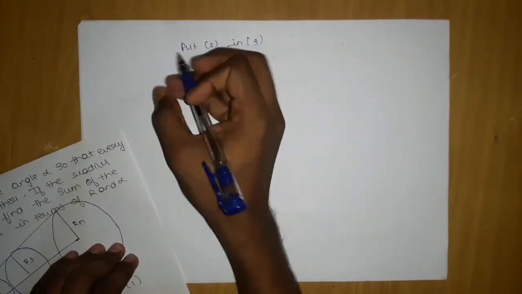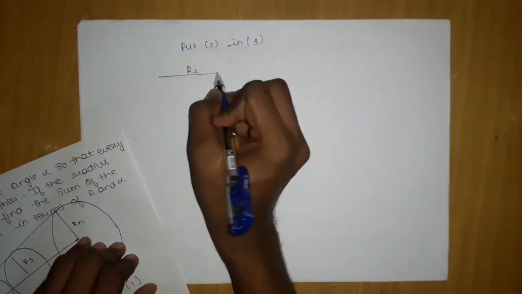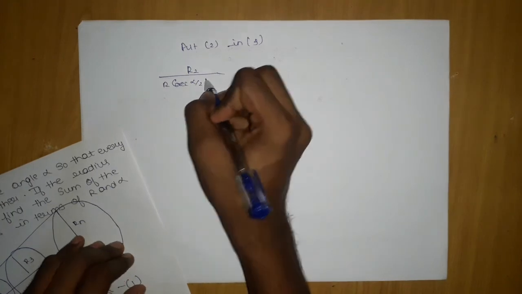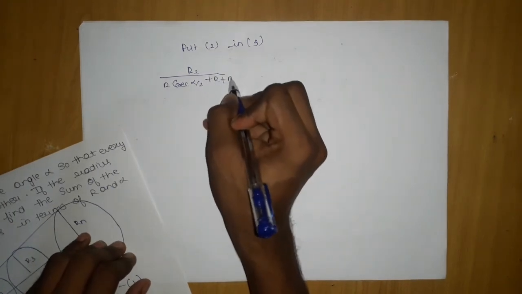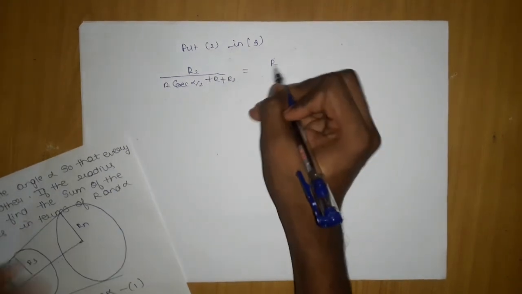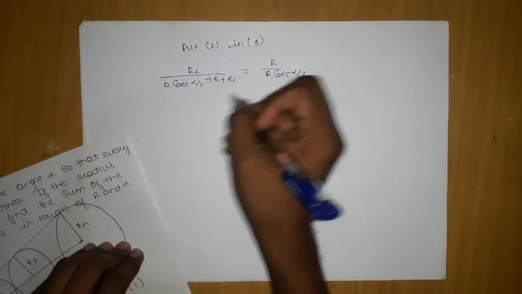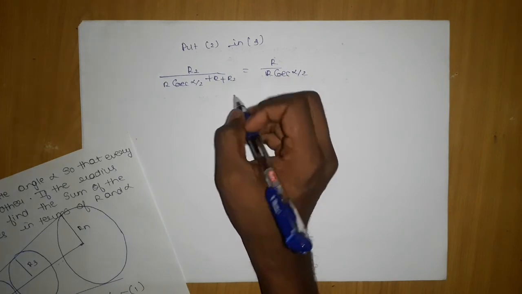What we get is something like this: r2 upon r cosec alpha by 2 plus r2 is equal to r upon r cosec alpha by 2. Here you can clearly see that r will cancel out.